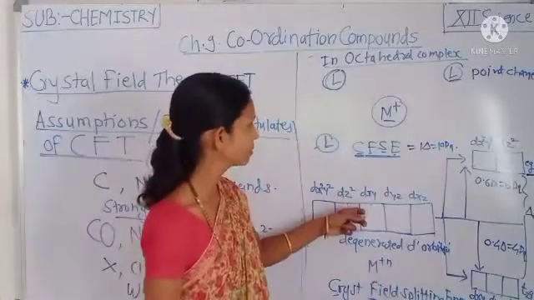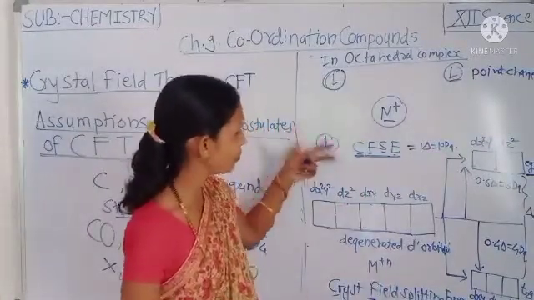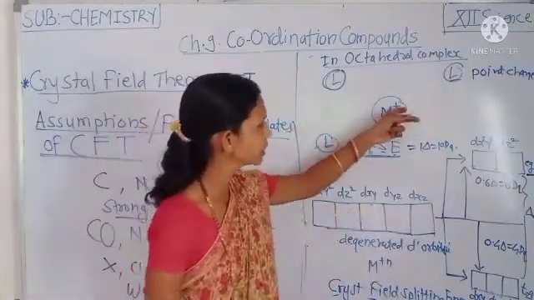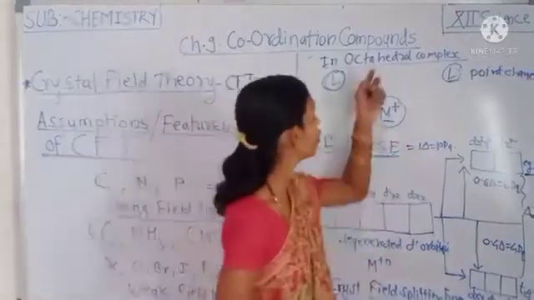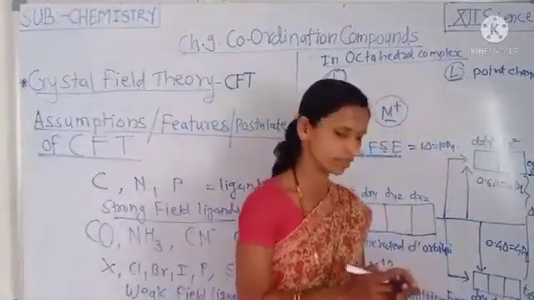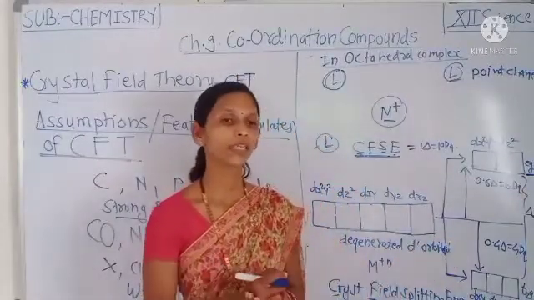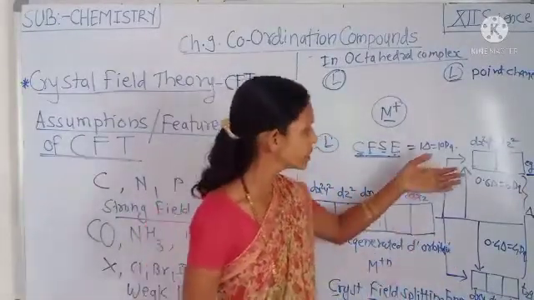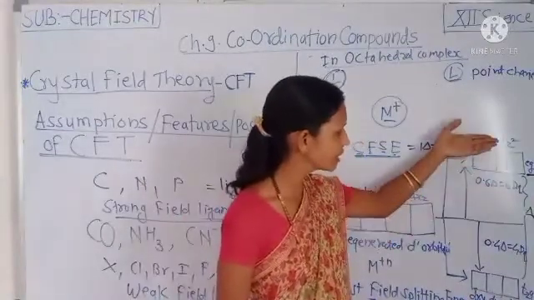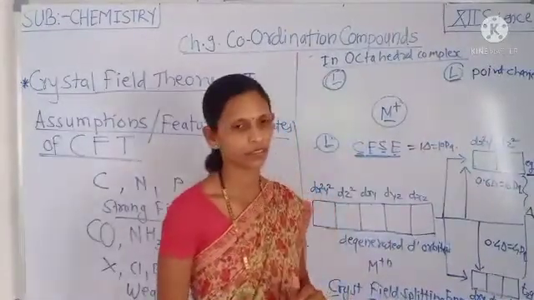When strong field ligands approach the central metal ion in octahedral complexes, because of larger repulsion, the set which possesses higher energy levels is affected.